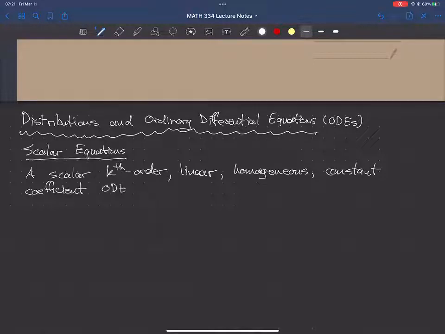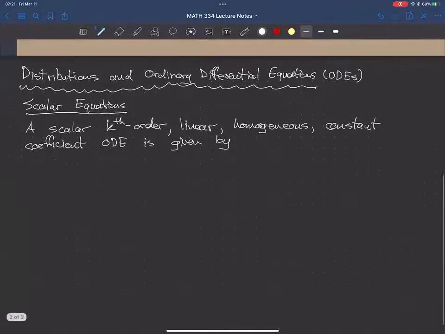Such an ODE is given by an equation of the following form: F, where F is a function of the variable, which in this case is a scalar variable, and its first k derivatives.